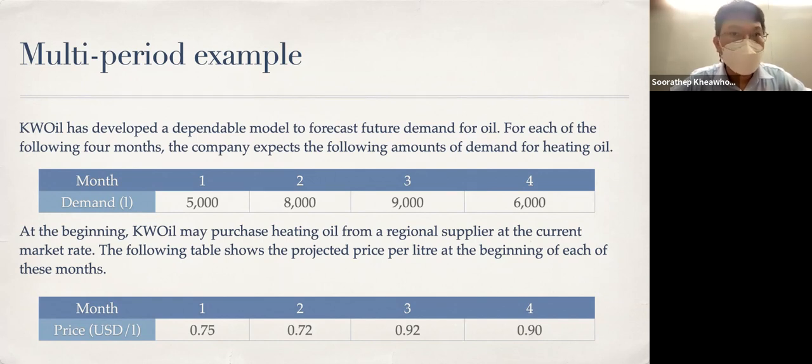Do you understand the problem? They have a price for each month, and each month the company must purchase oil at the beginning of the month at a certain price listed in this table.